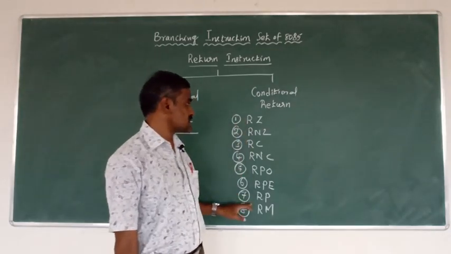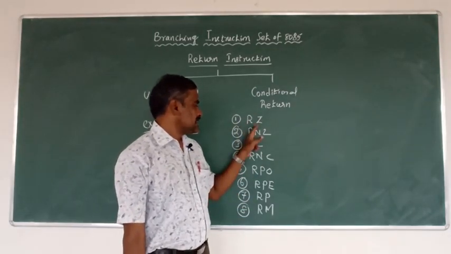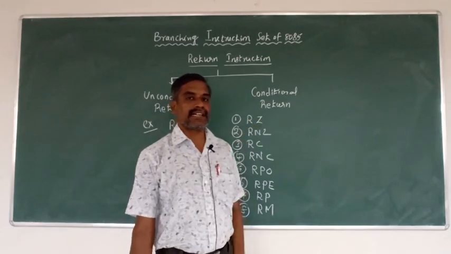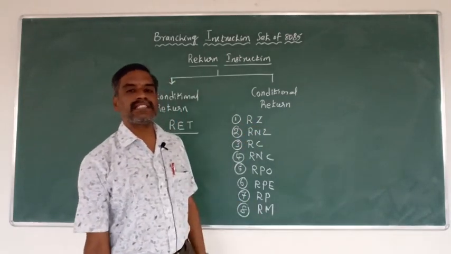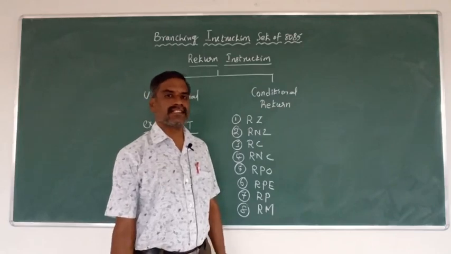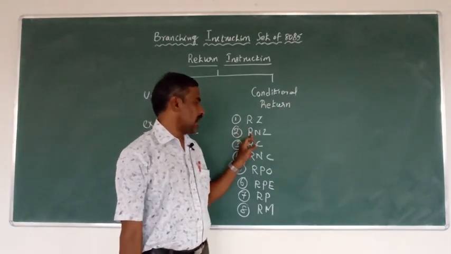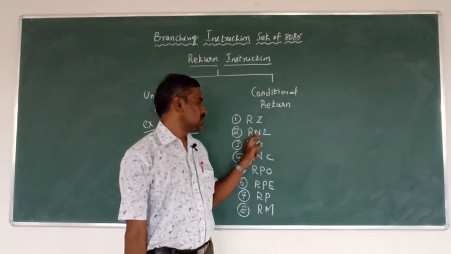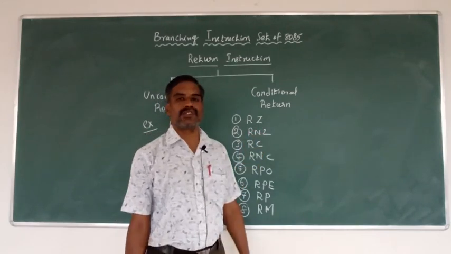Here are the 8 conditional return instructions. First one, RZ, means return if result is 0. And second one, RNZ, means return if result is not 0.